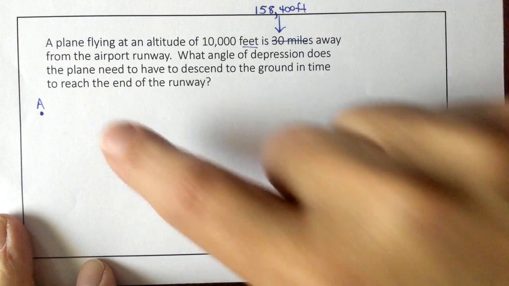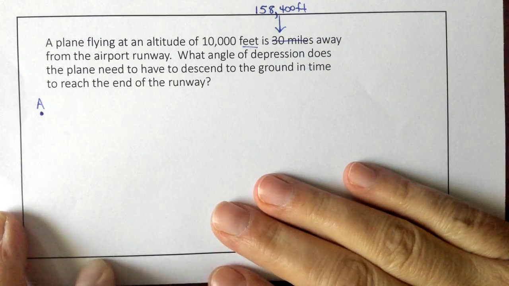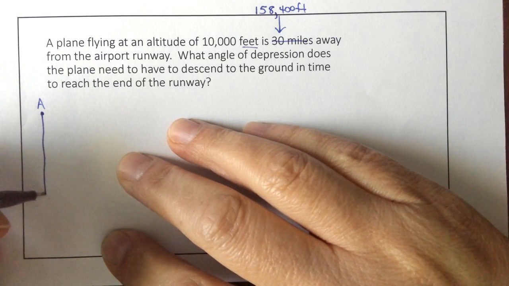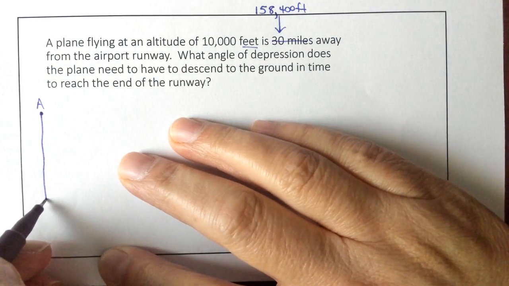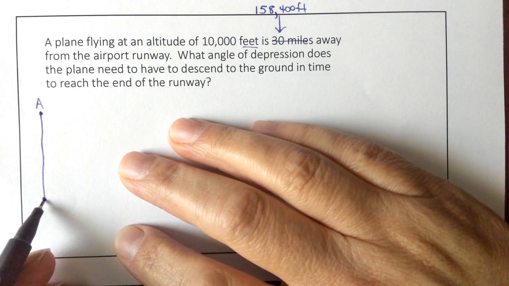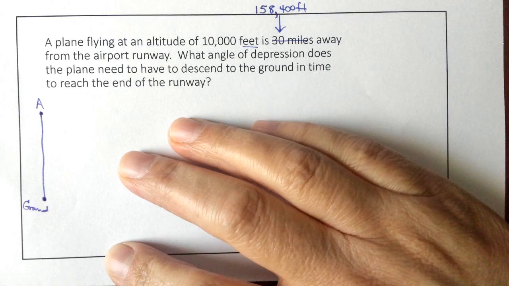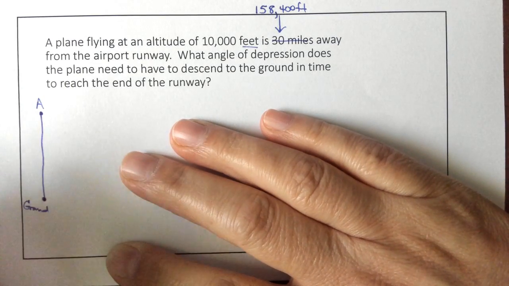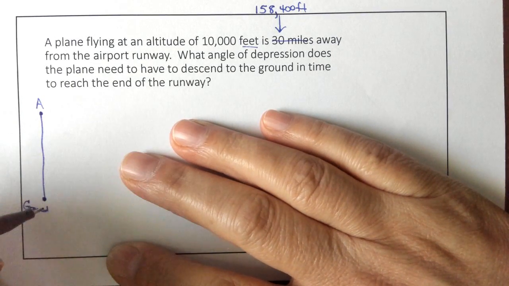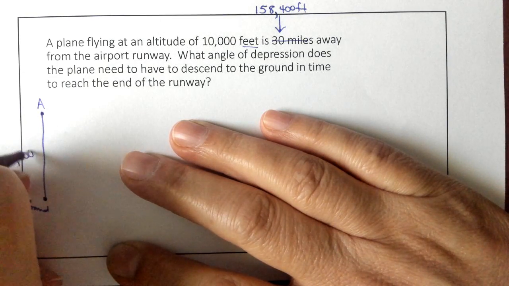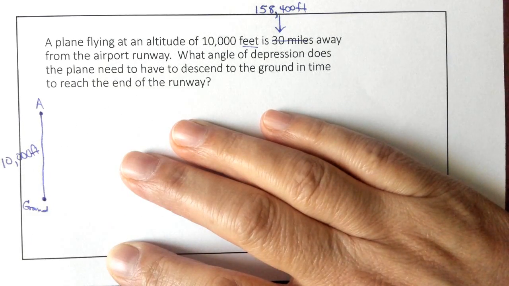So we're just going to pretend there's an airplane at that point in the sky, and straight down below the airplane is the ground. G is for ground. And the altitude is how far above the ground the airplane is. So the length of this side is 10,000 feet.